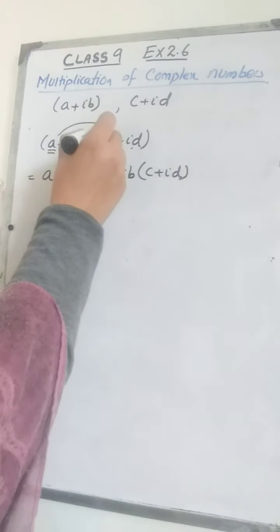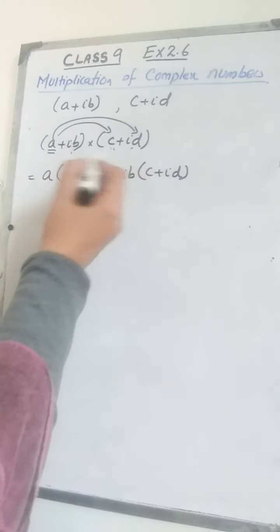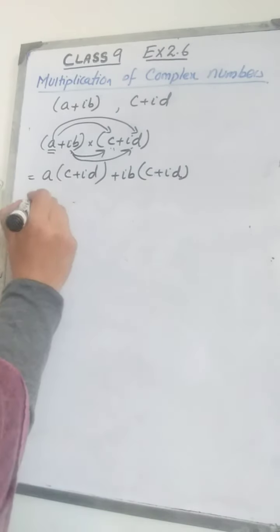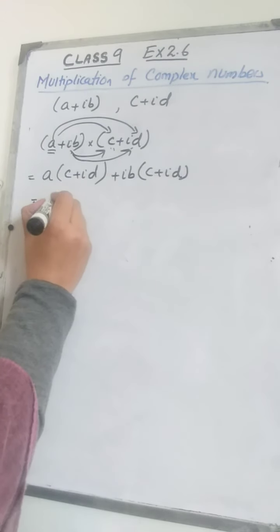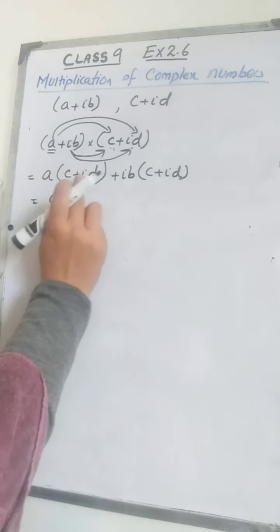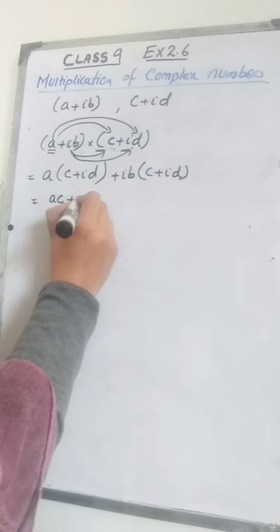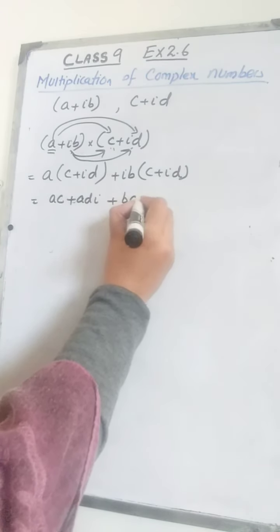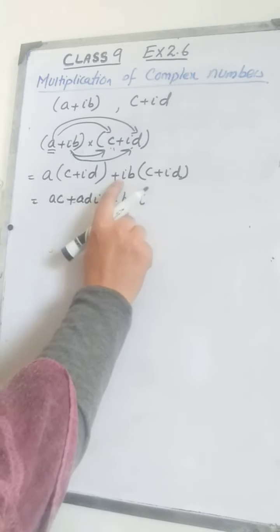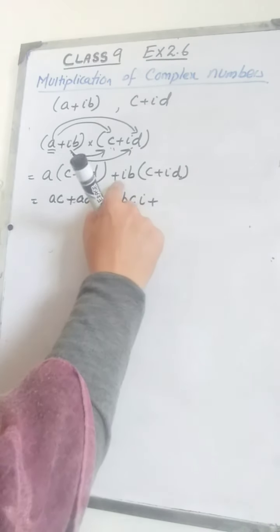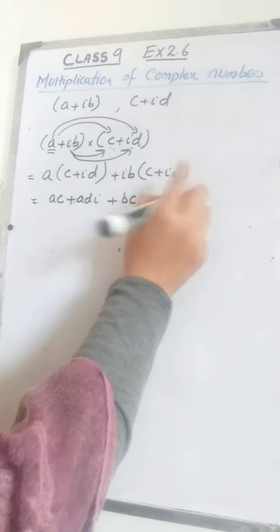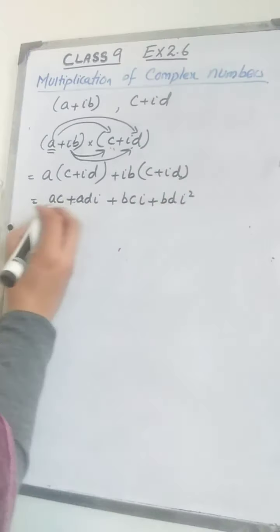It's exactly the same technique. So a multiplied by c will be ac, and a multiplied by iota d will be ad iota, plus here it will be b into c iota, plus iota b into iota d will be bd iota square.